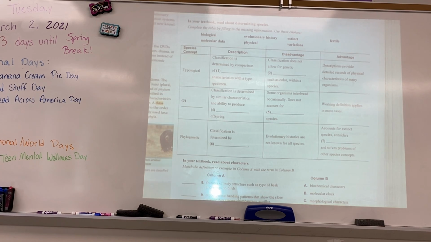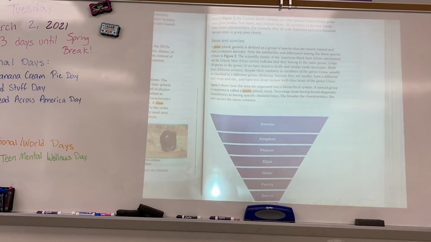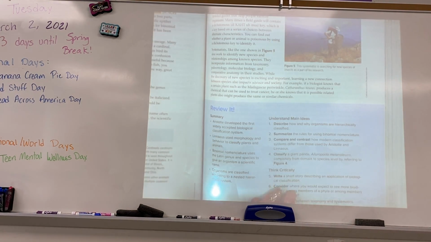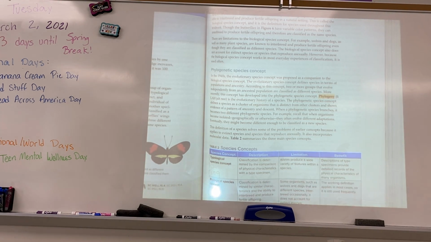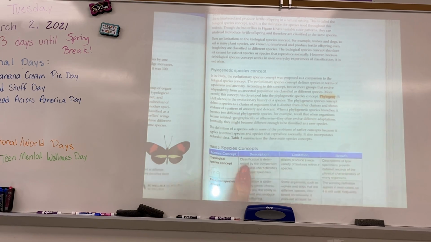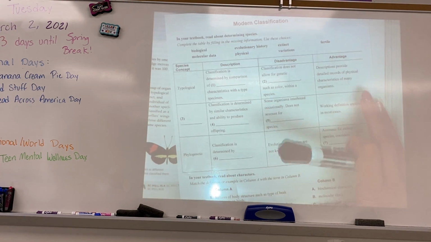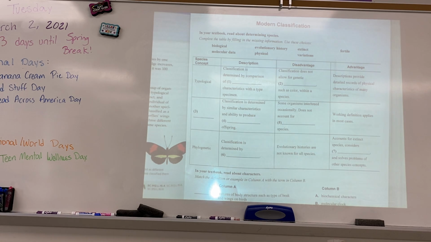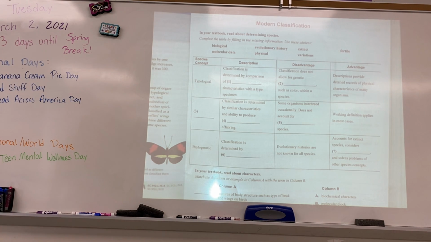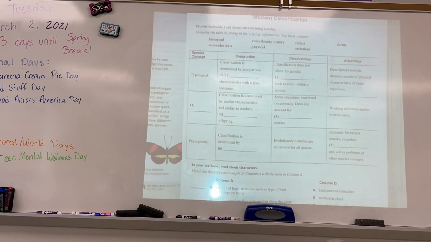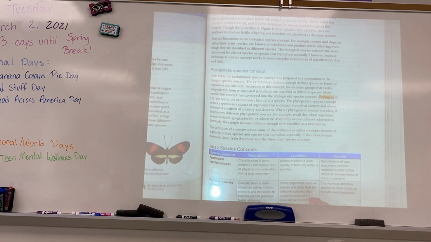So in your textbook, you can flip to lesson 2 on page 485. On the bottom, there is a table that looks very similar to the table on this worksheet. So take a few minutes, read the table, read the words. It's not going to be word for word. So look at your answer choices, and figure out what word best goes in each of those blanks. You can use the table on the bottom of 485.